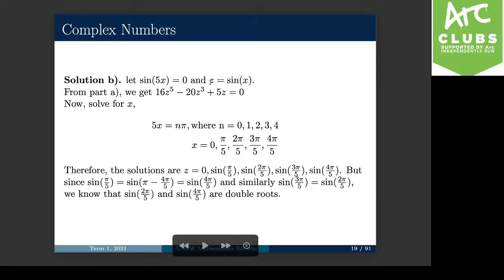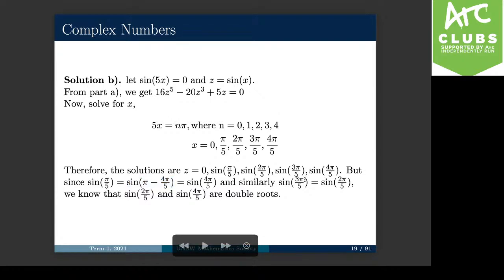Okay, so then z will just be sine, plugging in x equals 0, pi over 5, 2 pi over 5, 3 pi over 5, 4 pi over 5, will just be this result over here. But note that sine pi over 5 is actually just sine 4 pi over 5 if you apply the trigonometric identities.